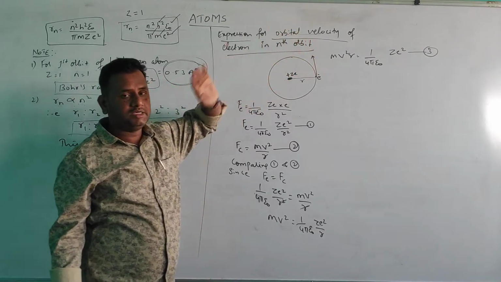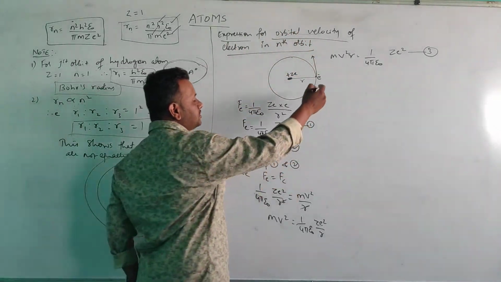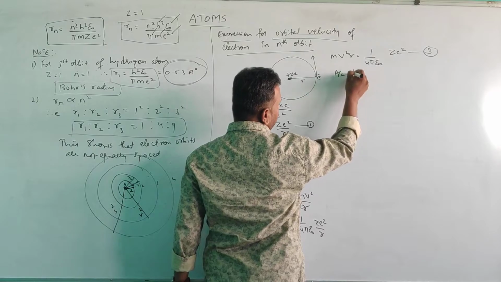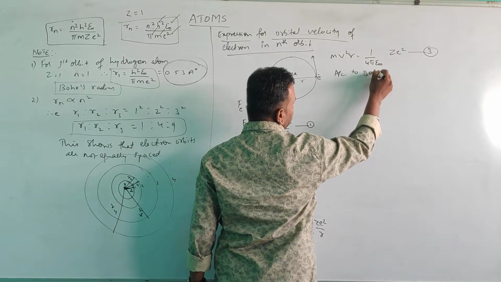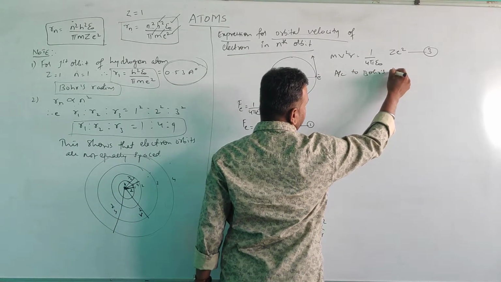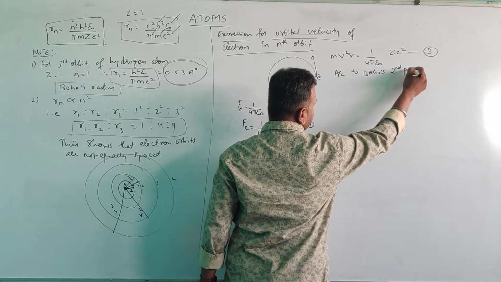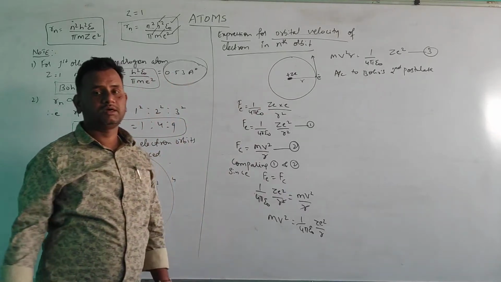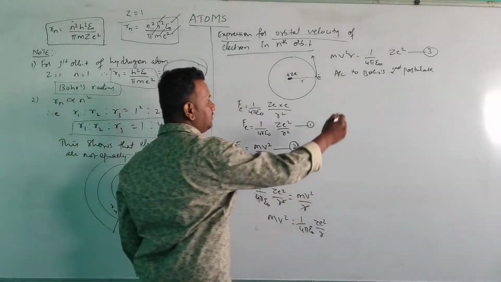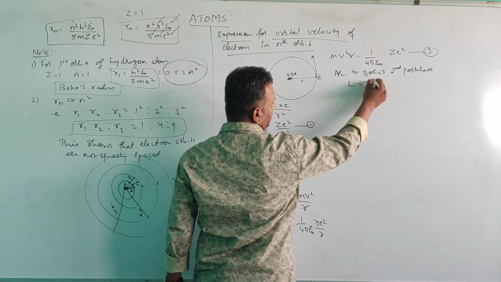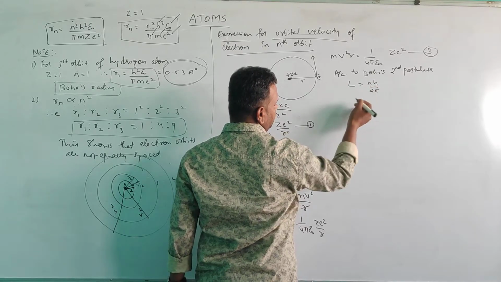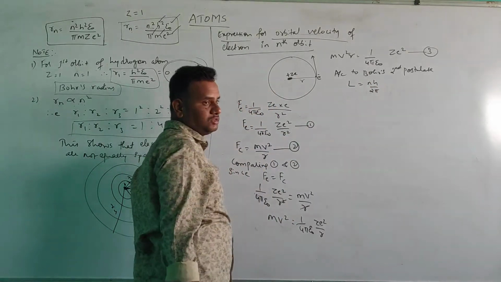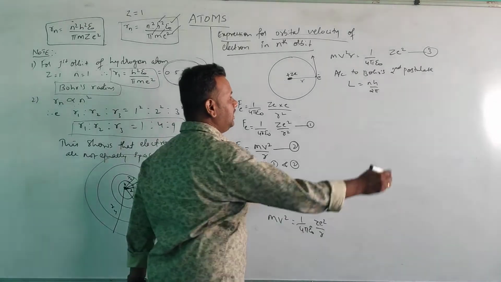Now, according to Bohr's second postulate, the angular momentum of the electron is given by L equal to nh by 2 pi.